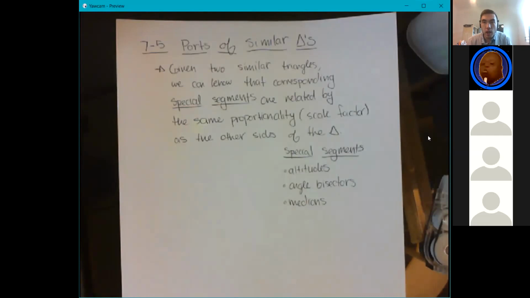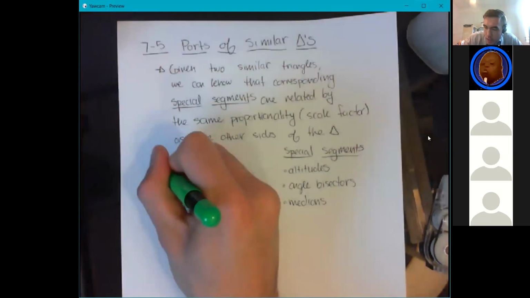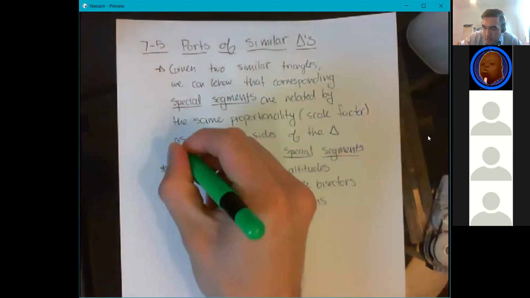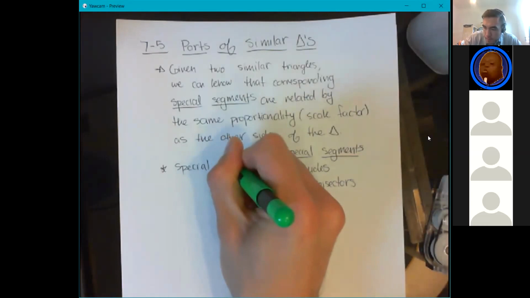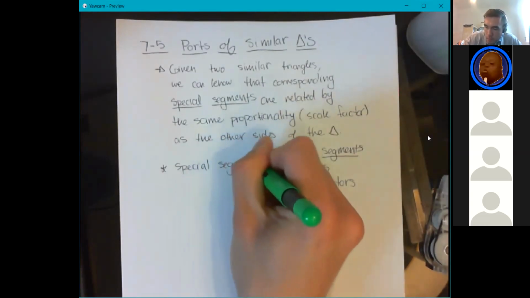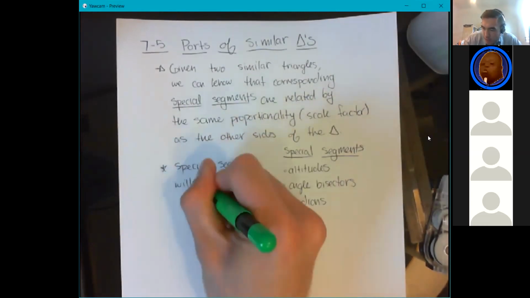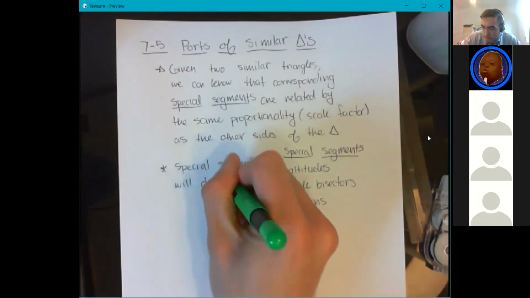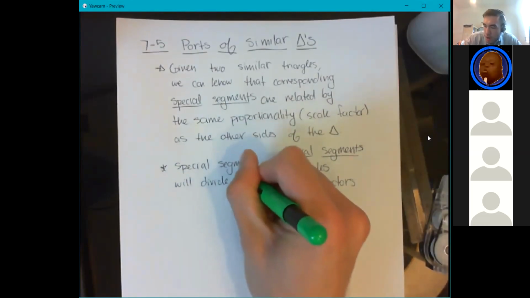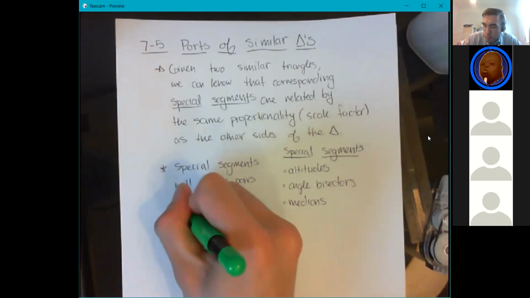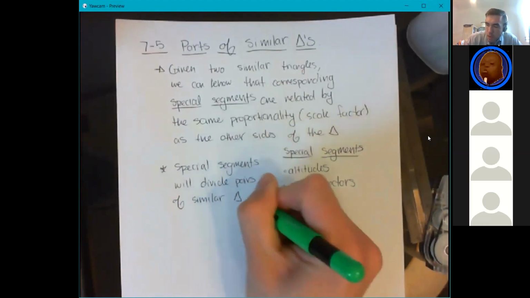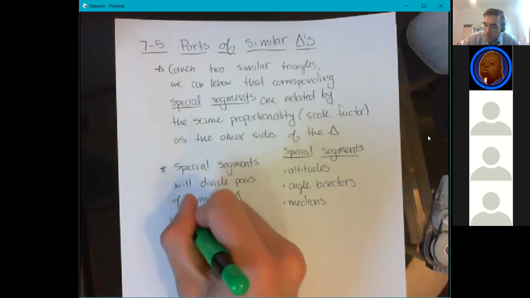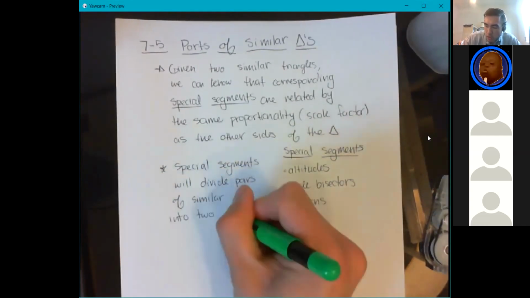And here's the rationale in terms of why. The reason why is that these special segments will divide pairs of similar triangles into two pairs of two similar triangles.